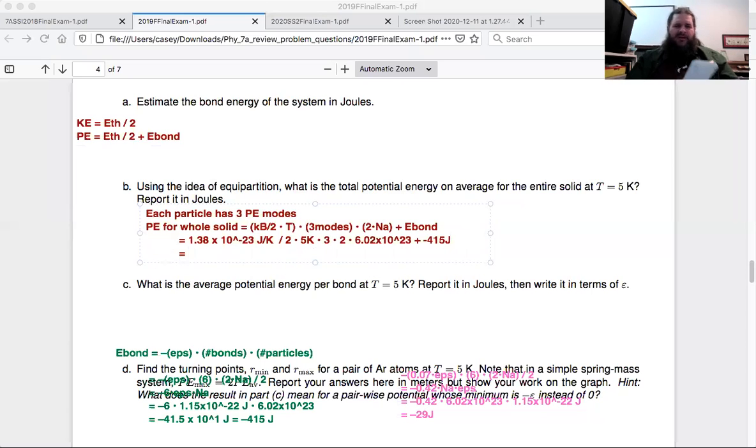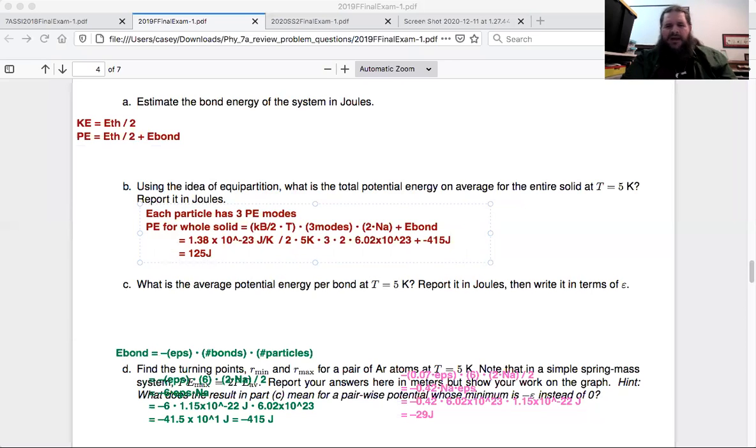Multiplying all that out, the 10 to the negative 23 and 10 to the 23 cancel out. So we just have 1.38 divided by 2 times 5 times 3 times 2 times 6.02, which is 124.6. So about 125 joules.